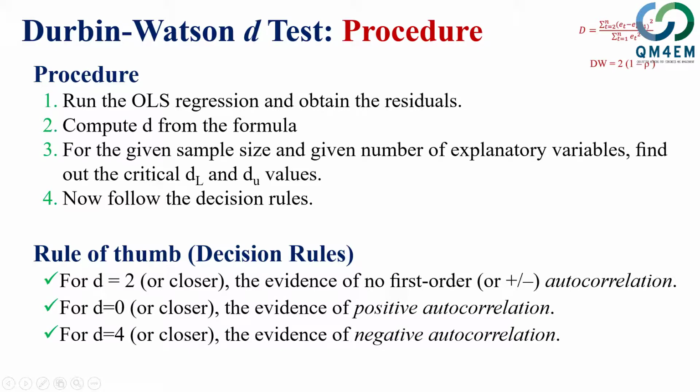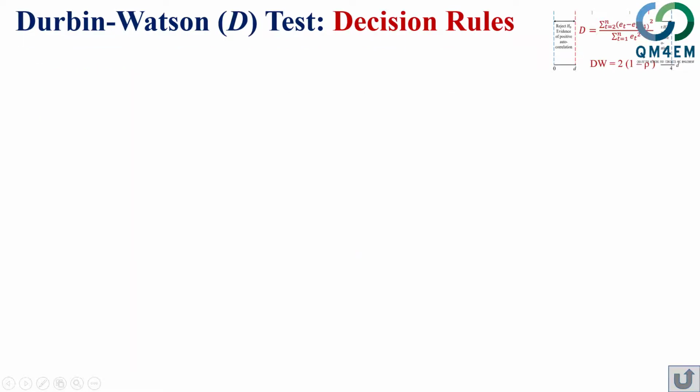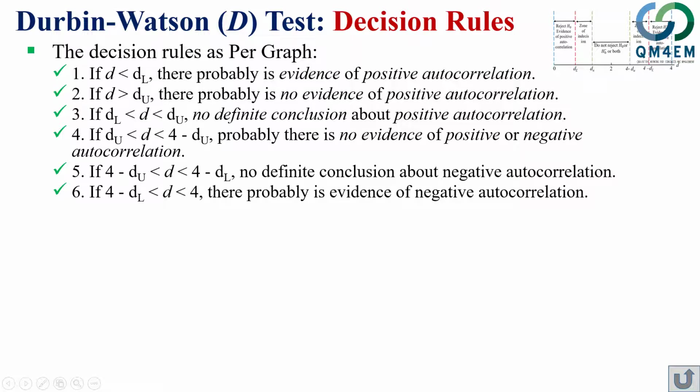As I explained from the graph in a bit more detail, keep this graph in mind, on the top right corner of this screen. So the decision rules as per the graph are as follows. If d is less than dL, there is probably evidence of positive autocorrelation.